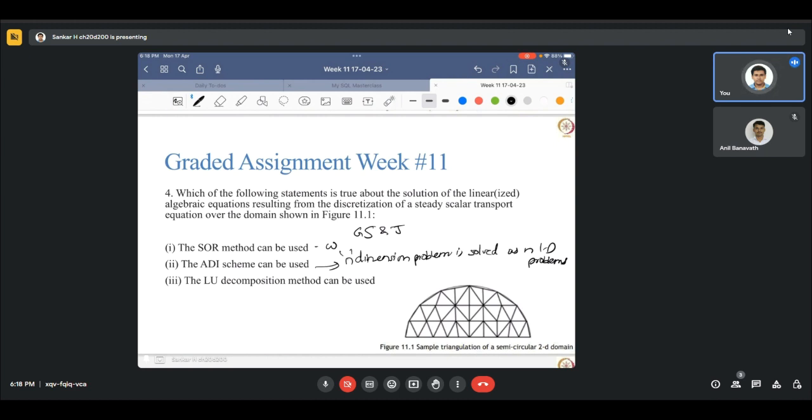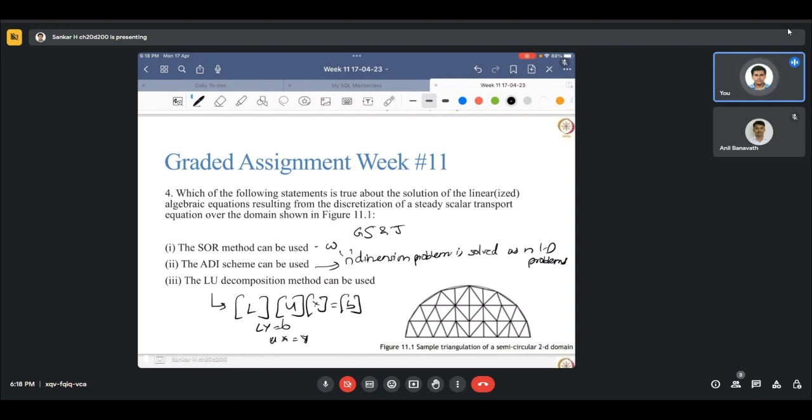And the LU decomposition is, we have seen, splitting up the matrix into a lower triangular matrix and an upper triangular matrix, and times x should be equal to some b. Therefore, we find out Ly is equal to b and solve Ux equal to y. Therefore, we find y and x from this in this method.